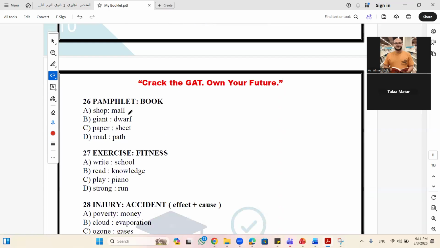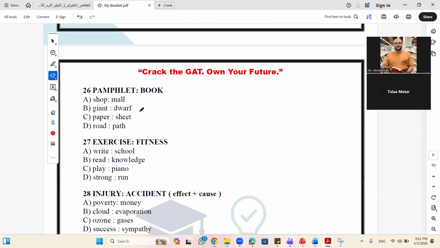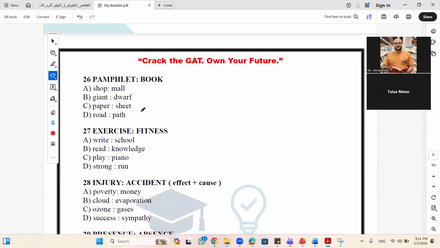All right. Pamphlet and book. Is it road and path? So you said road and path. So can you build the analogy sentence here? What is a pamphlet?